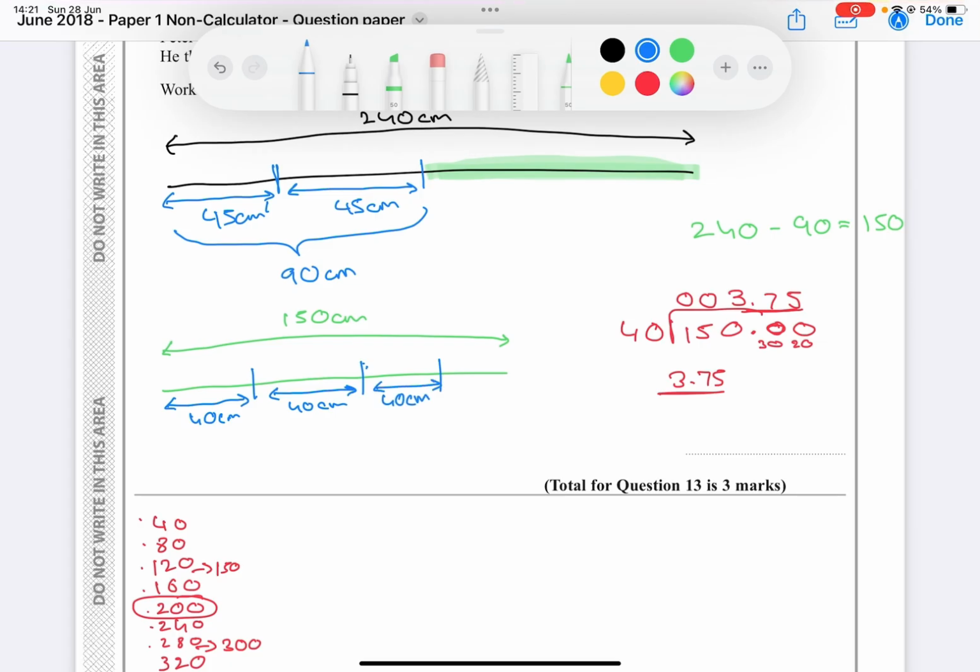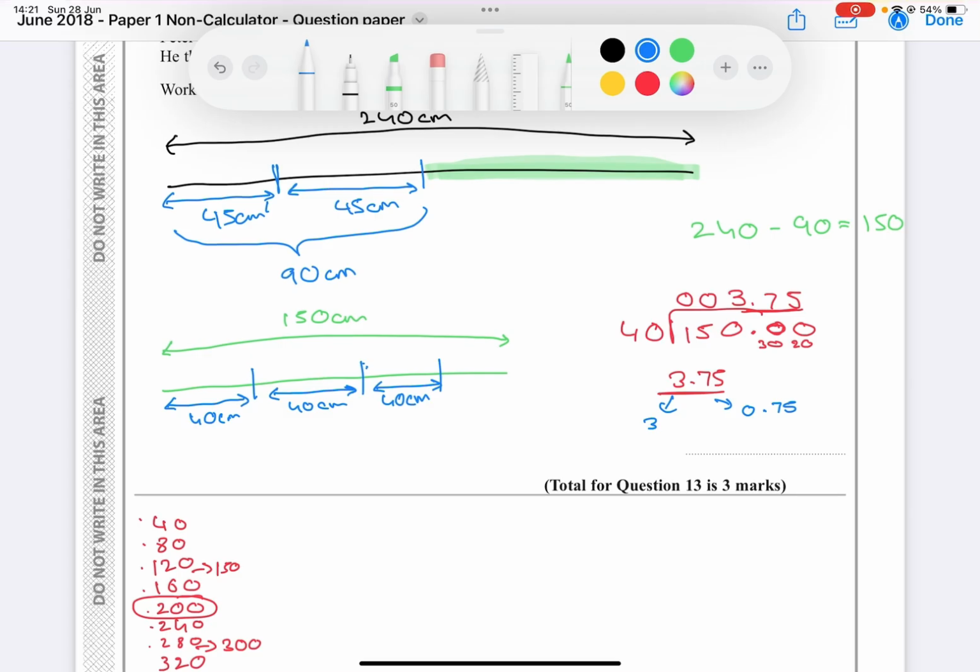So we have 3 whole lengths of 40 centimeters, and then we have one small length of 0.75, okay? This 0.75 is basically 75%, right? So it's basically 75% of 40 centimeters, okay?